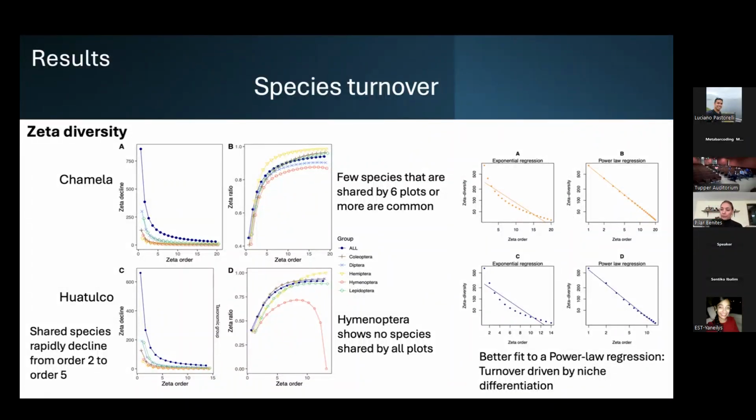This fit tells us if the turnover is driven more by niche differentiation or by stochastic processes. If it fits better to an exponential regression, turnover is driven by stochastic processes, while if it fits better to a power law regression, turnover is driven by niche differentiation, which was our case.